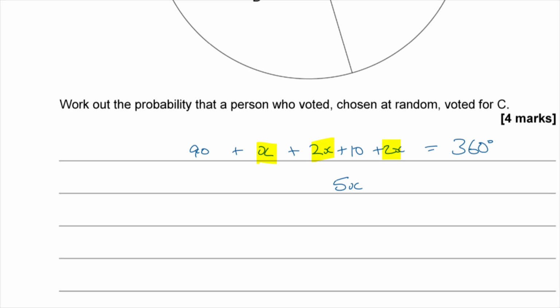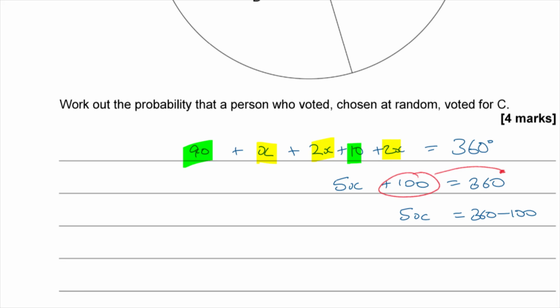And I've got a 90 and a 10, which adds up to 100. So 5x plus 100 is 360. Okay, then change sides on that 100. Move it over to the other side. I'm going to get 5x equals 360 take away 100, which is 5x is equal to 260.